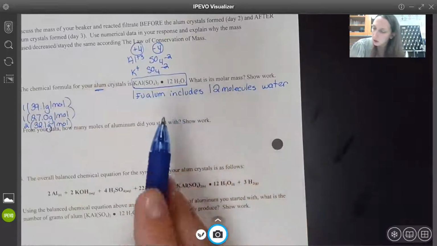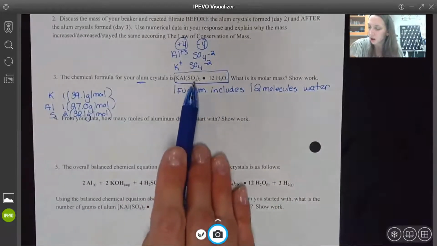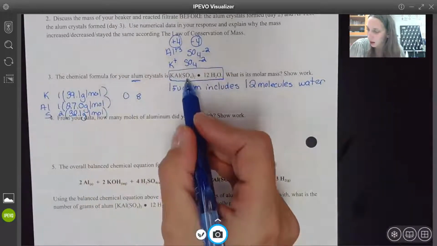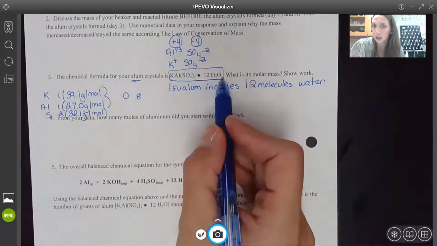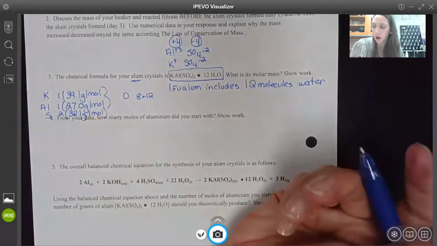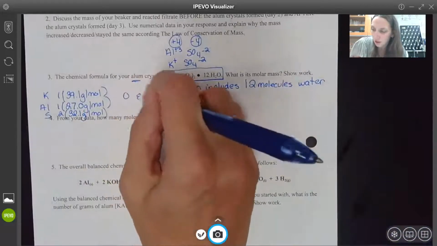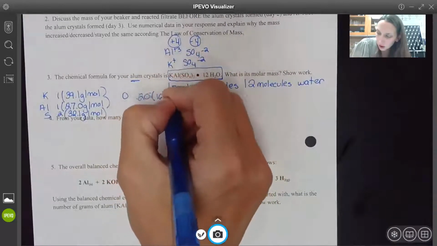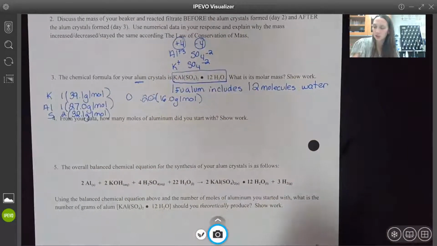Scooch over now. Let's deal with oxygen. We've got to be super careful with oxygen. There are 8 oxygens on the ionic compound side, but there are 12 times 1, 12 oxygens on the hydrated side of this ionic compound, which gives me 8 plus 12 is 20 oxygens. So I'm going to have to multiply that by the molar mass of 1 oxygen, which is 16.